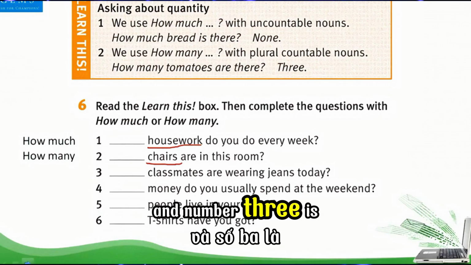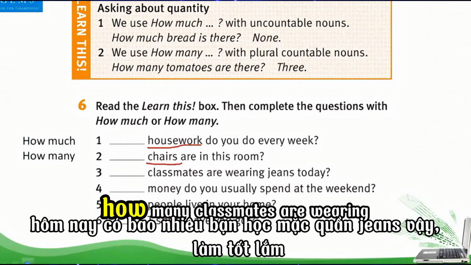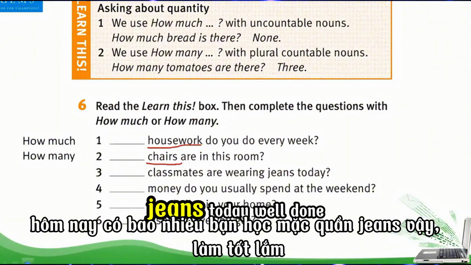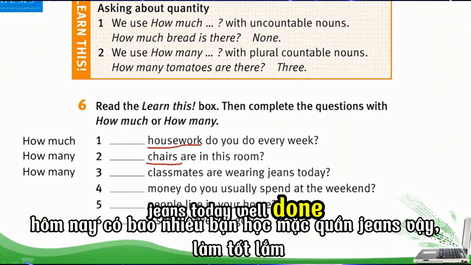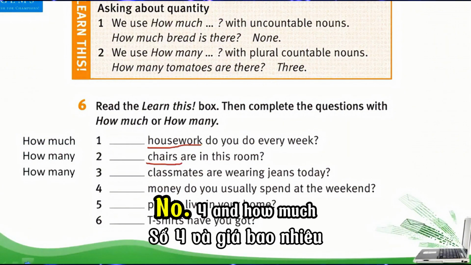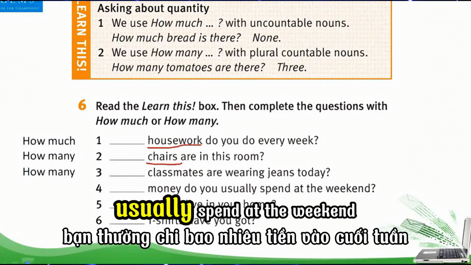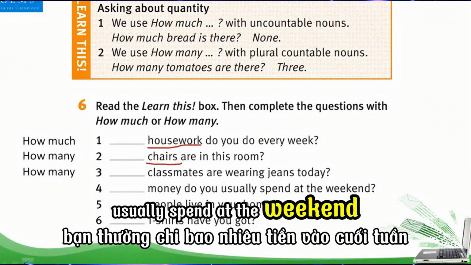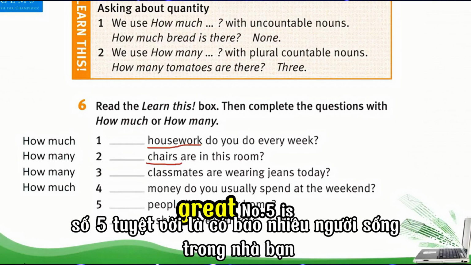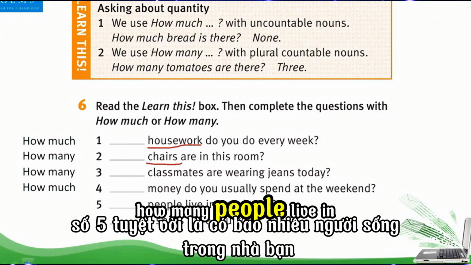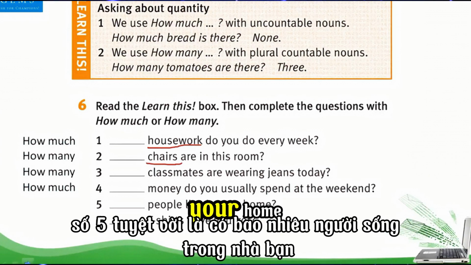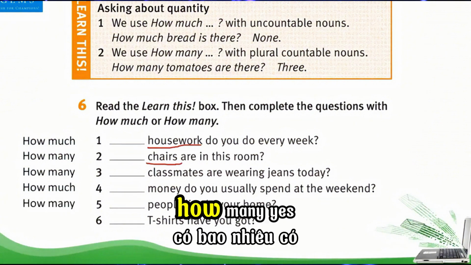And number 3? How many classmates are wearing jeans today? Well done. Number 4. How much money do you usually spend at the weekend? Great. Number 5. How many people live in your home? How many?